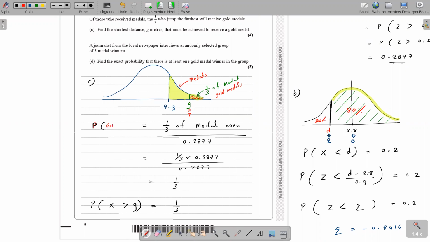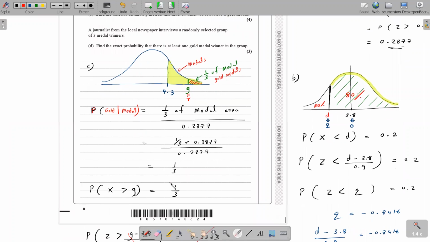The probability of getting a gold medal, given that you win a medal, is 1/3. So this 1/3 is the conditional probability. Using the conditional probability to get the distance is not going to help you, children.